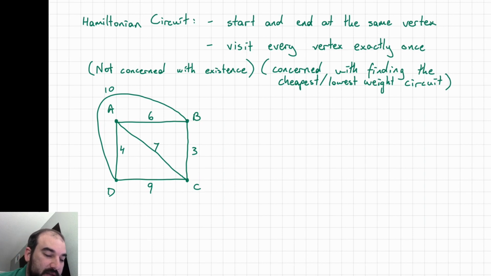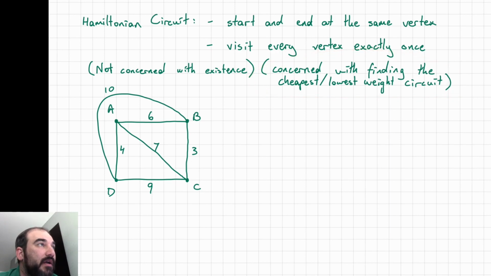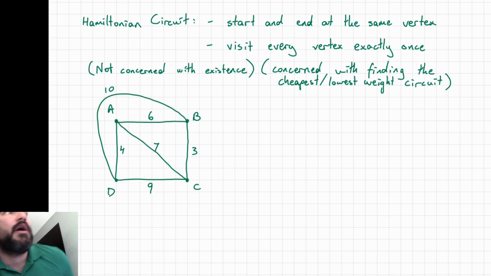So the concern is with finding the cheapest such circuit. There's a few more that we could come up with, right? I could go A to C, and then to D that way, and then travel around and get back to A that way. So that would be a different Hamiltonian circuit. So the concern isn't with whether or not there is a Hamiltonian circuit, it's with finding the cheapest one.